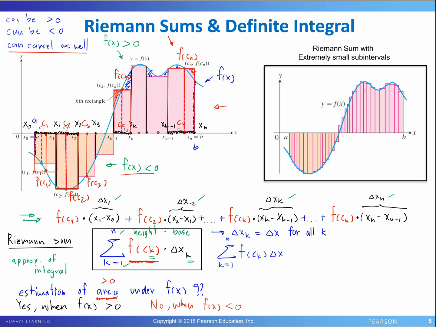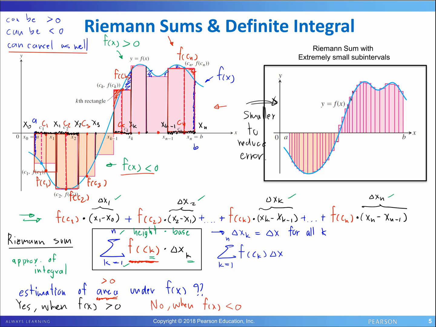So in order to reduce this error, we are going to make the pieces smaller. As you can see here, if we make it smaller, it's going to look better, and the error is going to be smaller as well. So the idea is to make it smaller to reduce error.